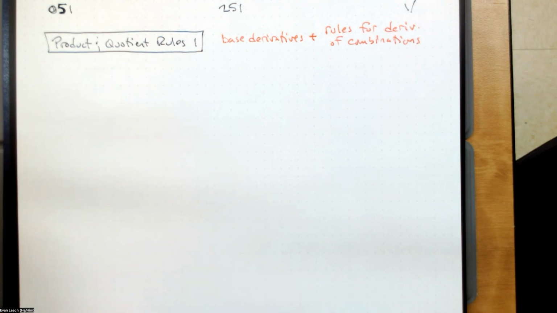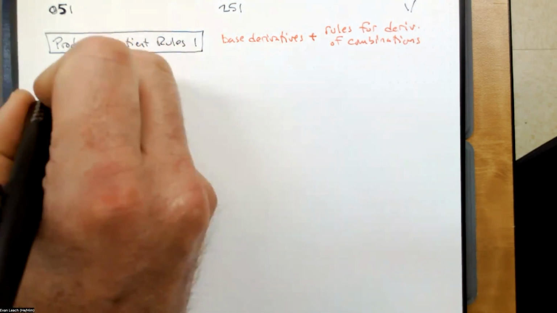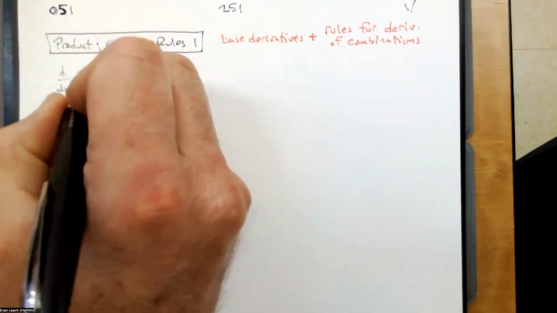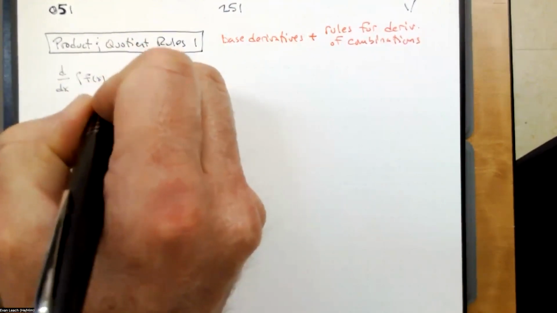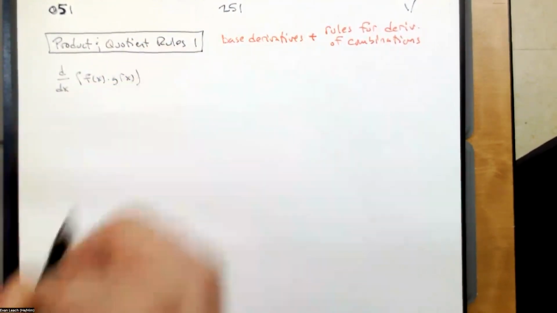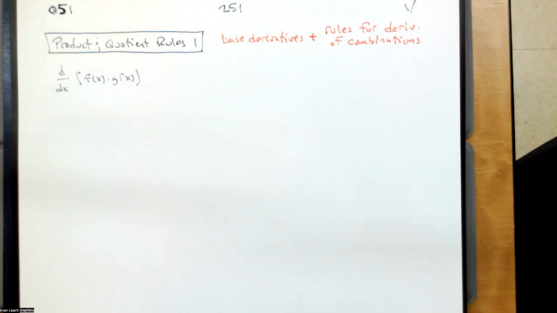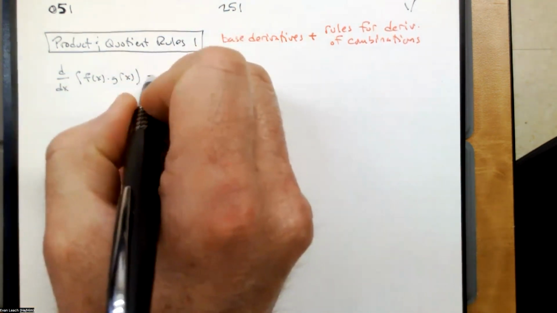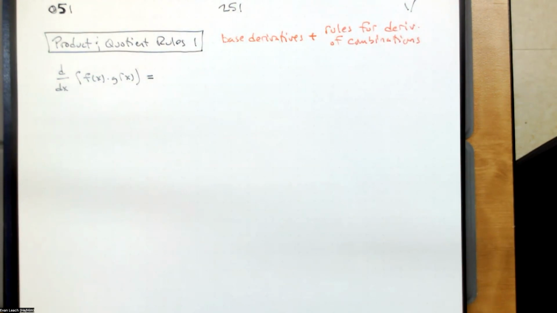So here they are. If I want to find the derivative of a product of two functions, the derivative of a product of a first function and a second function.